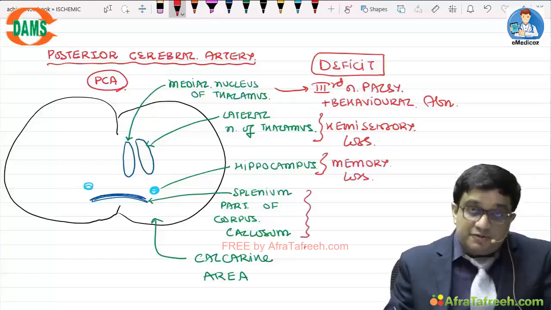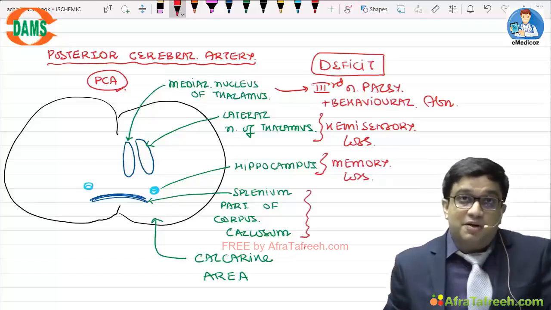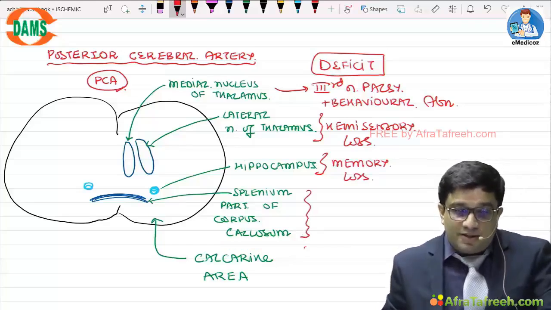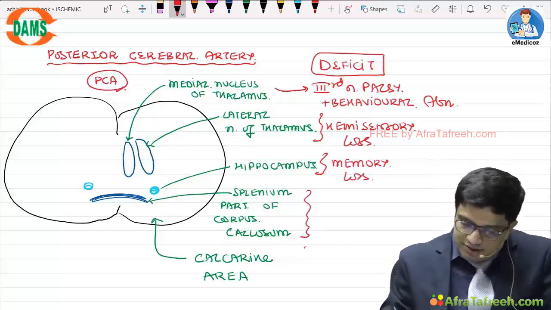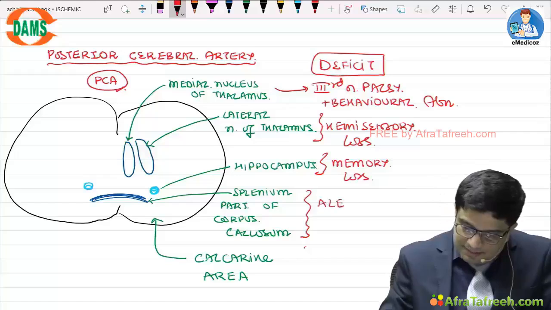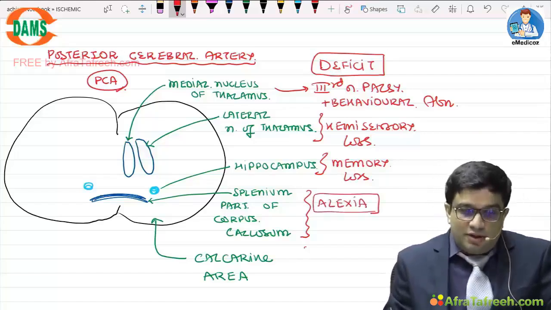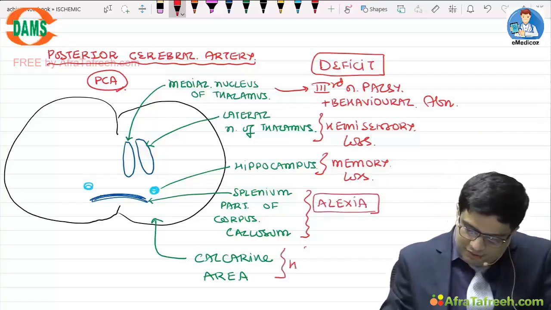And if you remember, in aphasia also we discussed the splenium part of corpus callosum was involved. Yes, pure word blindness will come in the patient. What is that? Alexia. Calcarine area, that is the occipital part, they will have a visual field defect, put as a word, hemianopia.